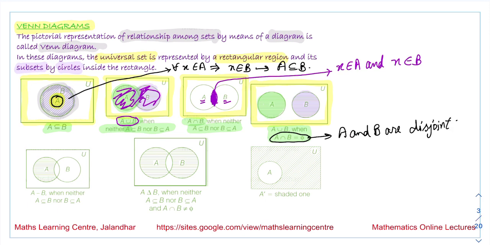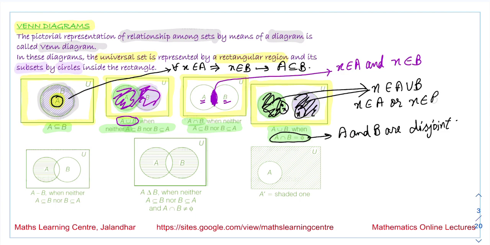Then A union B means this complete region A and this complete region B. Any point in these regions, the point X may be over here or over here. So X belongs to A union B means X belongs to A or X belongs to B.